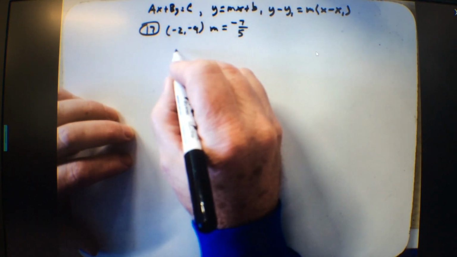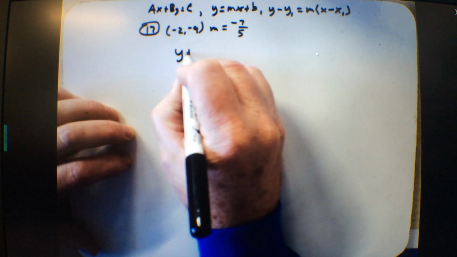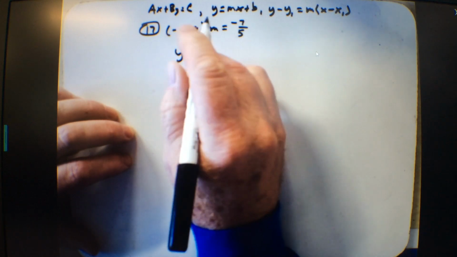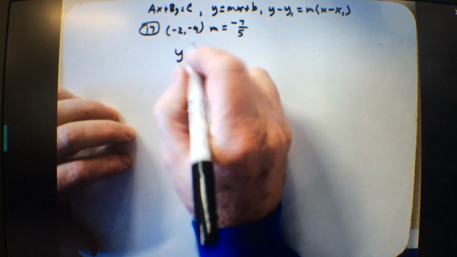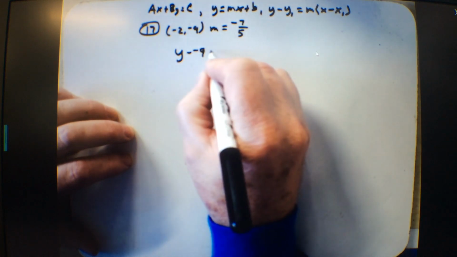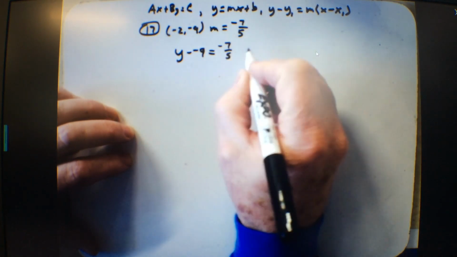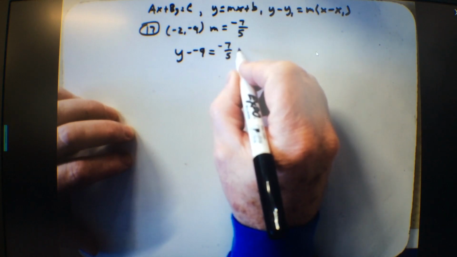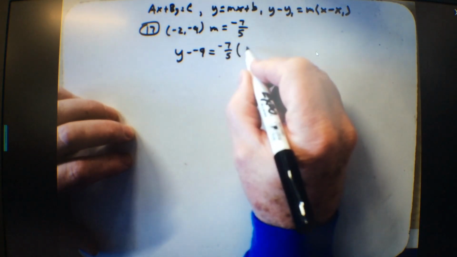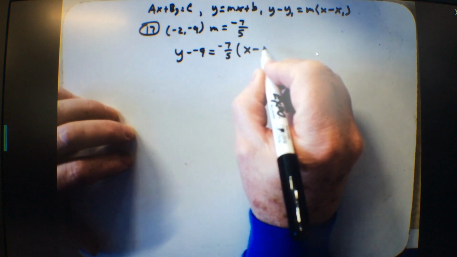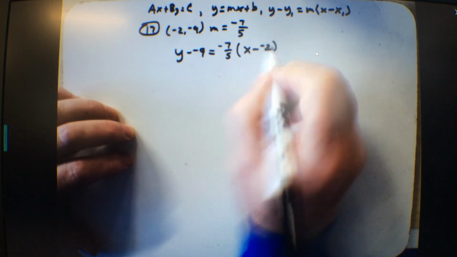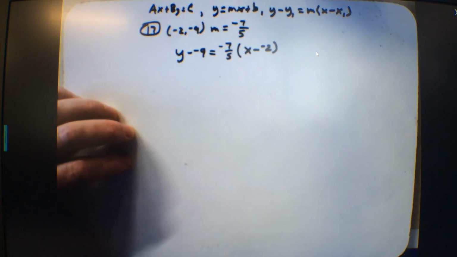Tirsa, what would we write in point slope form? Y minus negative 9, thank you. Parentheses, x minus negative 2. Now, will I accept that?